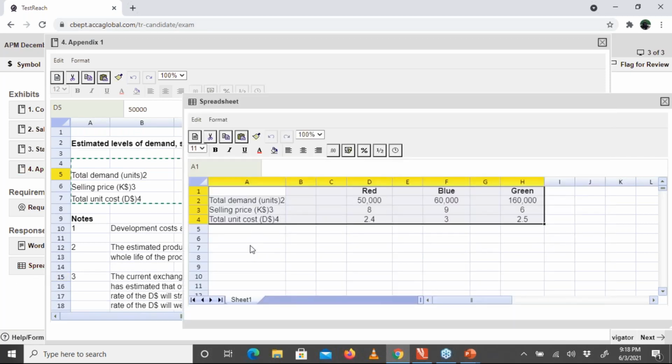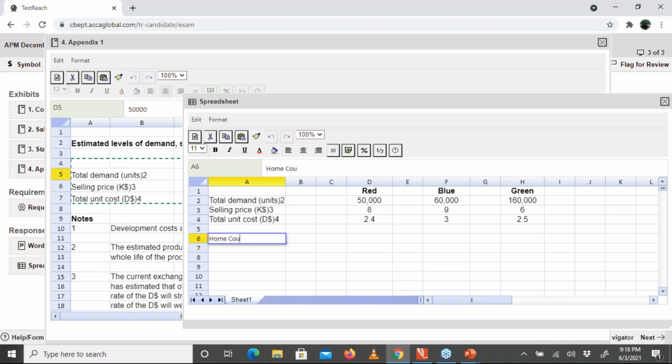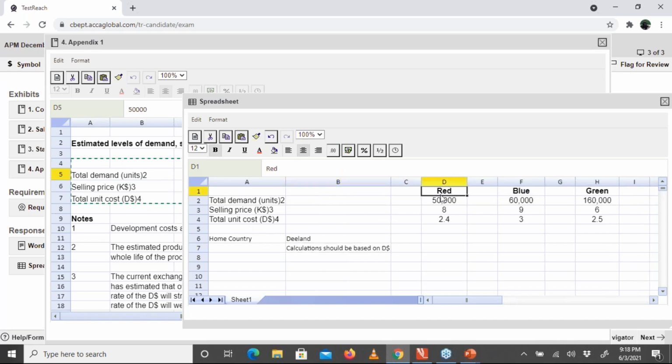Now see, where are you based? What is your home country? The home country is D-land. Therefore, the calculations should be based on D-land dollars. Now, if the calculations should be based on D-land dollars, how exactly are we going to work on it?